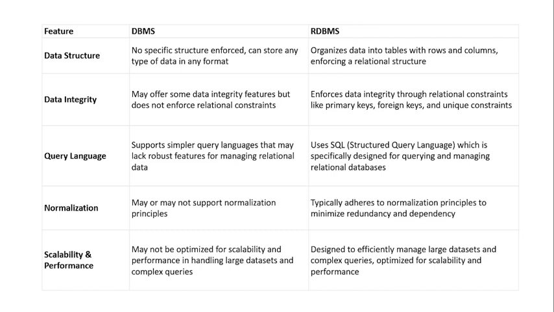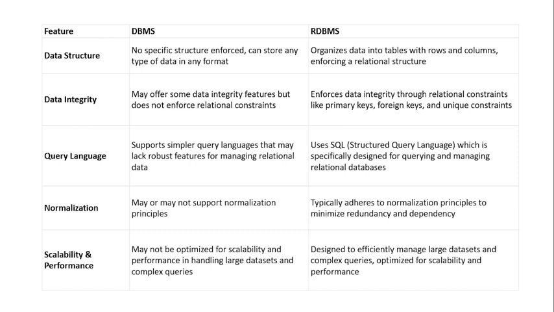The last point is scalability and performance. RDBMS may be optimized for scalability as well as performance for large data sets as well as for complex queries. At the same time, large data sets may be efficiently managed with the help of RDBMS, because it is in the form of tables which contain rows as well as columns.